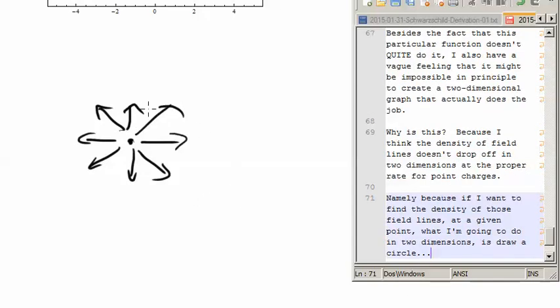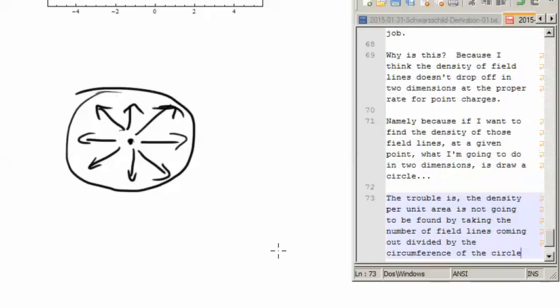Namely, because if I want to find the density of those field lines at a given point, I'm going to draw a circle in 2 dimensions. The trouble is the density per unit area, I think that is flux over area, is not going to be found by taking the number of field lines divided by the circumference of the circle.